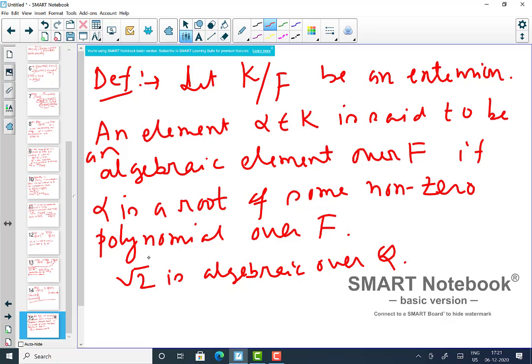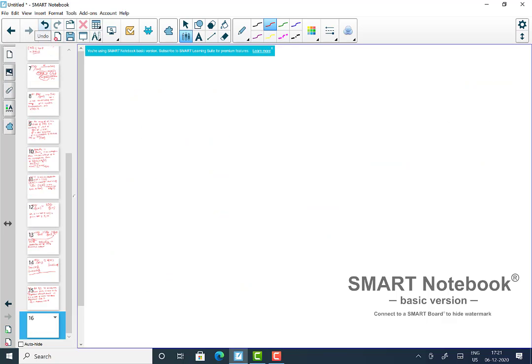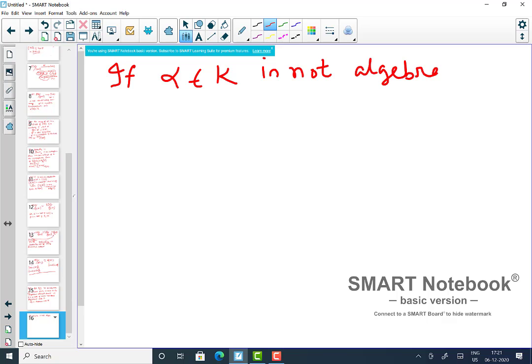This is not possible; I will give an example. If your alpha belonging to K is not algebraic over F, then we say alpha is transcendental.